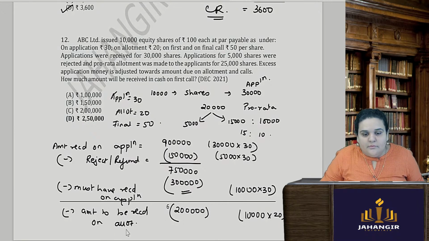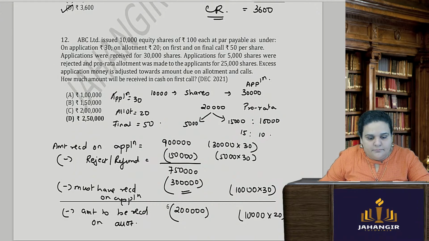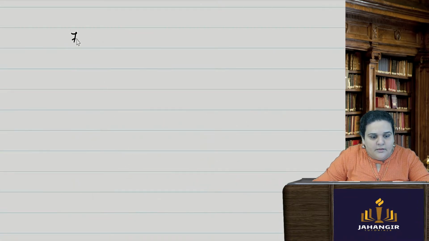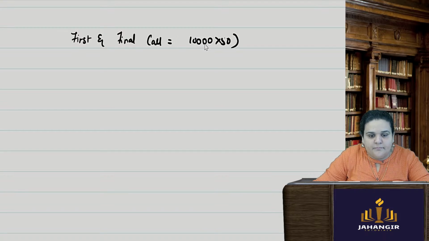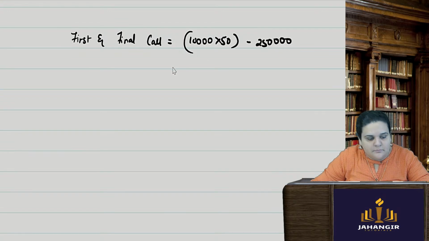So in the first and final call, 10,000 shares into 50 rupees, but I will have to adjust that 2,50,000 excess.